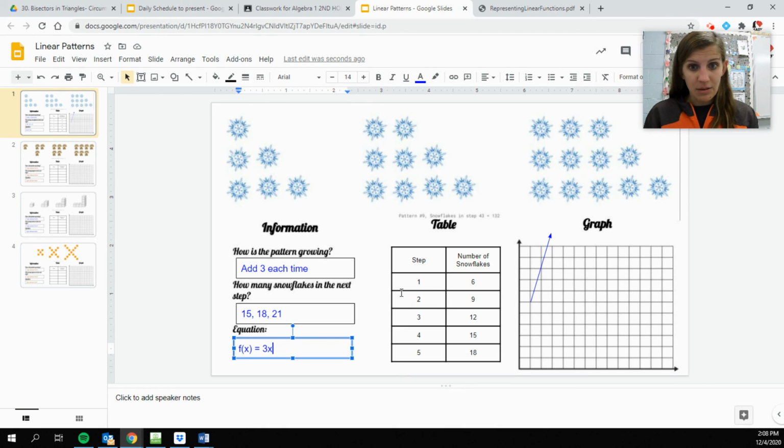Like I need 3 more. Maybe I got to do plus 3. So let's try that on the next one. If I go to the next one, I plug in a 2 right there. 3 times 2 is 6, plus 3 is 9. Oh, I'm going to check it one more time. For the last one, 3 times 3 is 9, plus 3 is 12. Hey, all right, so there's your equation.